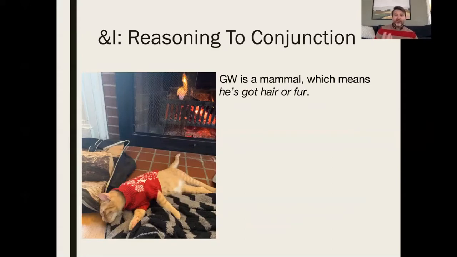So consider as an example the following. Gary Wendell is a mammal, which means that he's got hair or fur. So Gary Wendell has hair or fur is true. It's also true that Gary Wendell in this picture is wearing a sweater.